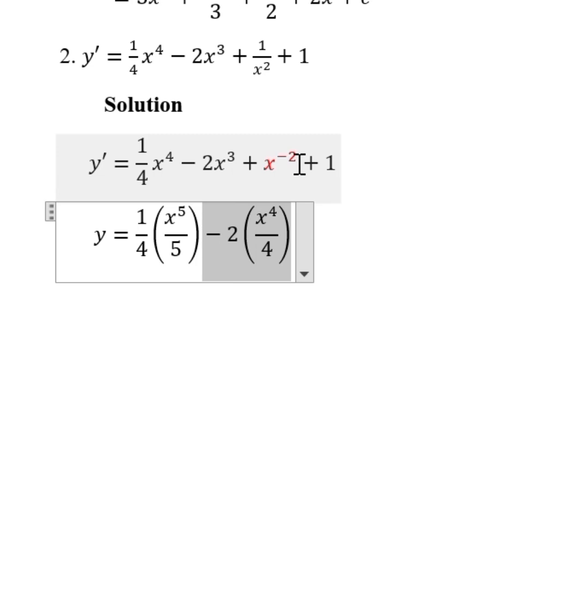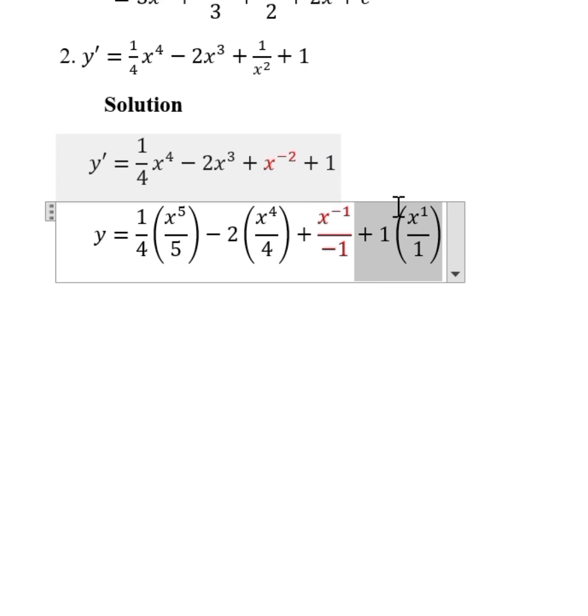So we shall divide by -1 again on the denominator side, and then plus this is like 1x raised to power 0. So 0 plus 1 will give us 1. That will be x raised to power 1 over 1, and then plus c.